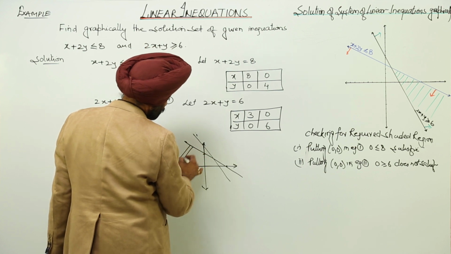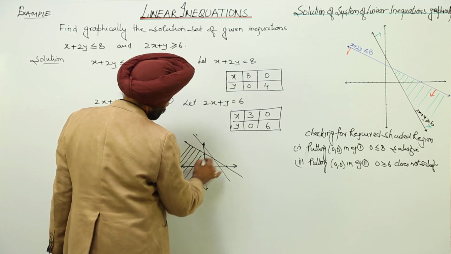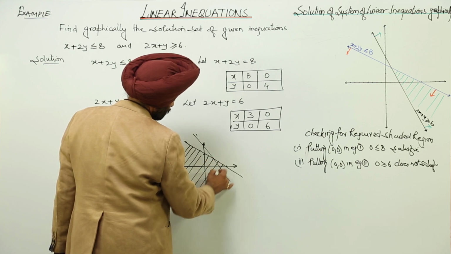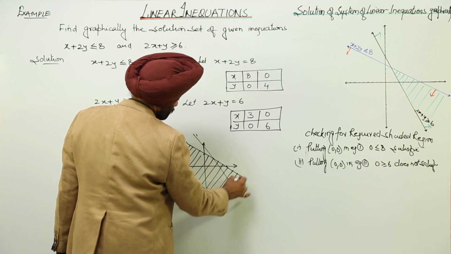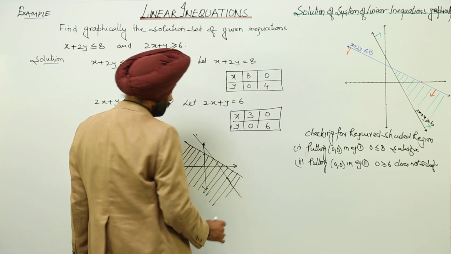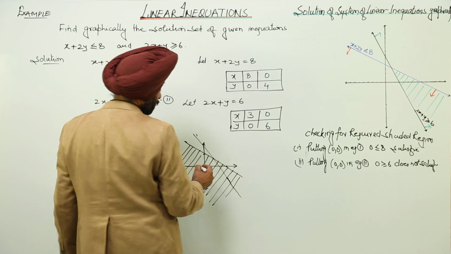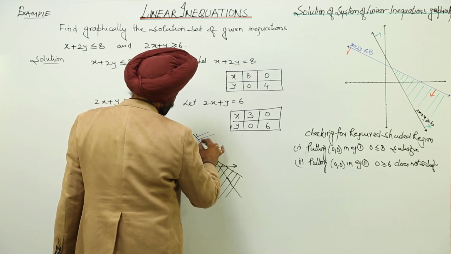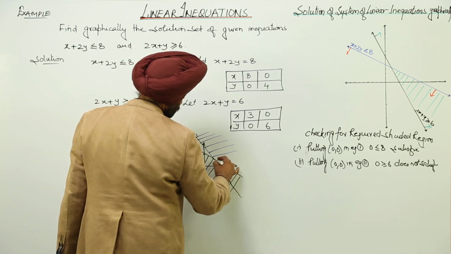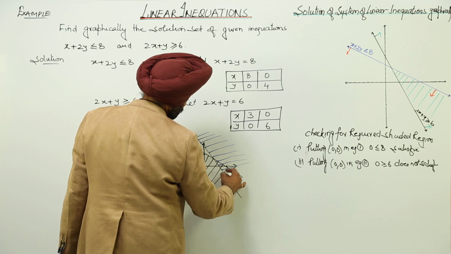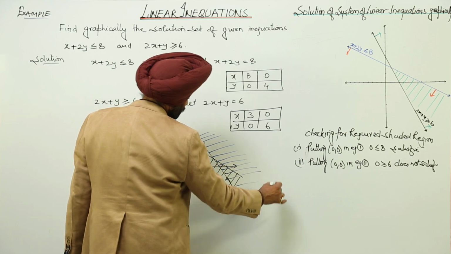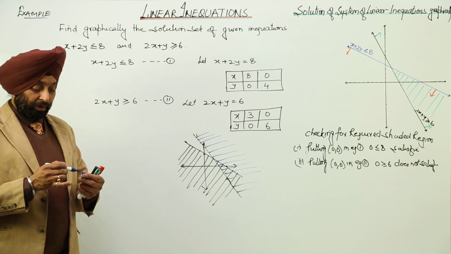So you can shade like this. Then the shading for the second line was towards this side. You can shade like this.